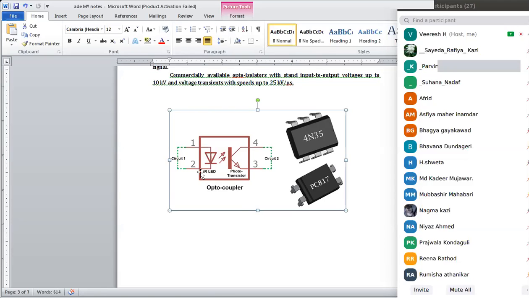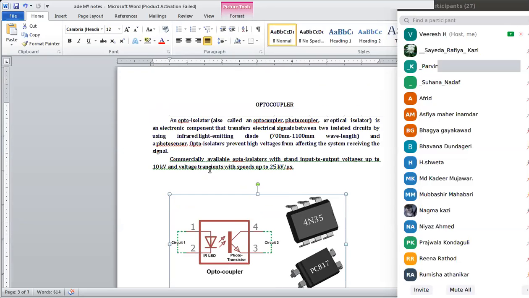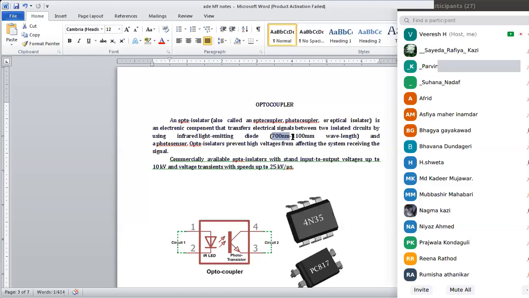This IR LED, infrared LED, is also an LED, but its emission is in the range of 700 nanometers to 1100 nanometers of wavelength. It generates light of that wavelength, which cannot be visible.